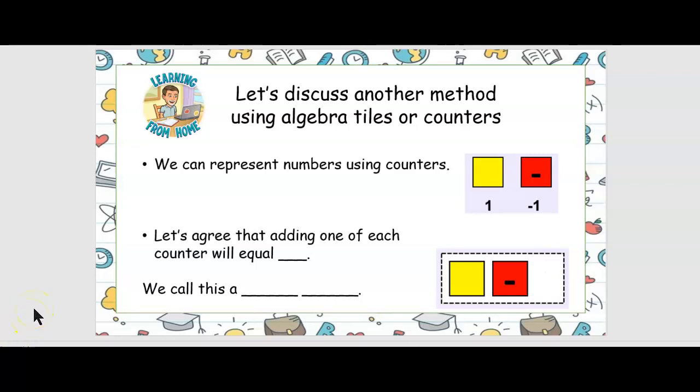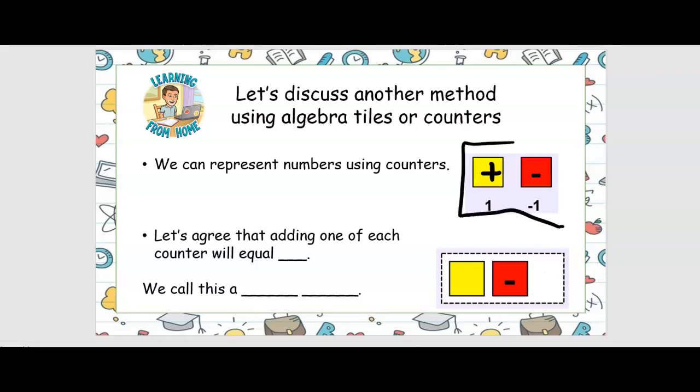Counting positives, negatives, integers, adding them together. The most important thing to realize here is that when you have a positive integer represented by the yellow tile, and you combine it with a negative integer represented by the red tile, they kind of cancel each other out.